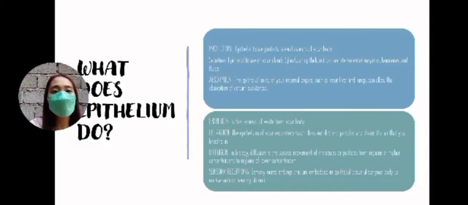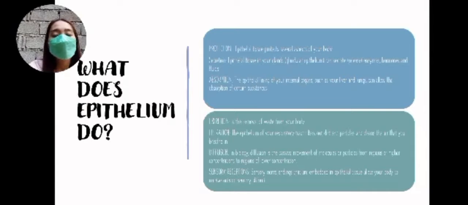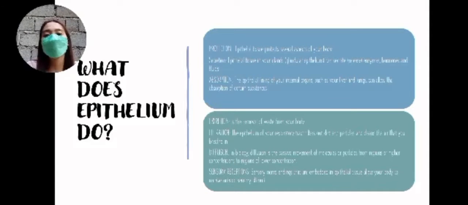So what does epithelium do? Epithelial tissue has several important functions that are essential to life. Since epithelial cells are found throughout your body, their functions and purpose change based on their location. Epithelial tissue can have one or a combination of the following functions.